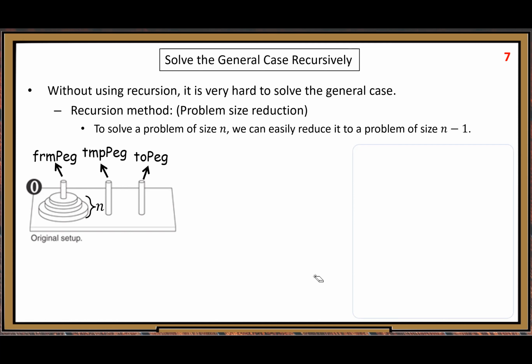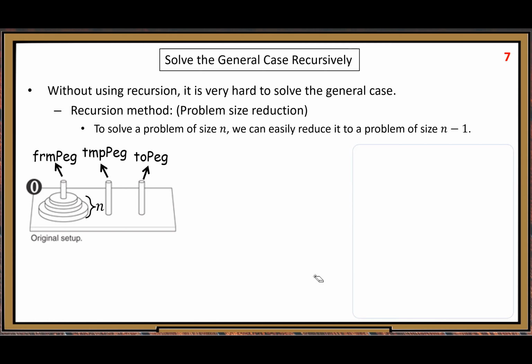When we move, assume P of n minus 1 is available, so we can apply it directly. We do not need to go through all the details of P of n minus 1. We can temporarily ignore the details; we hide them.